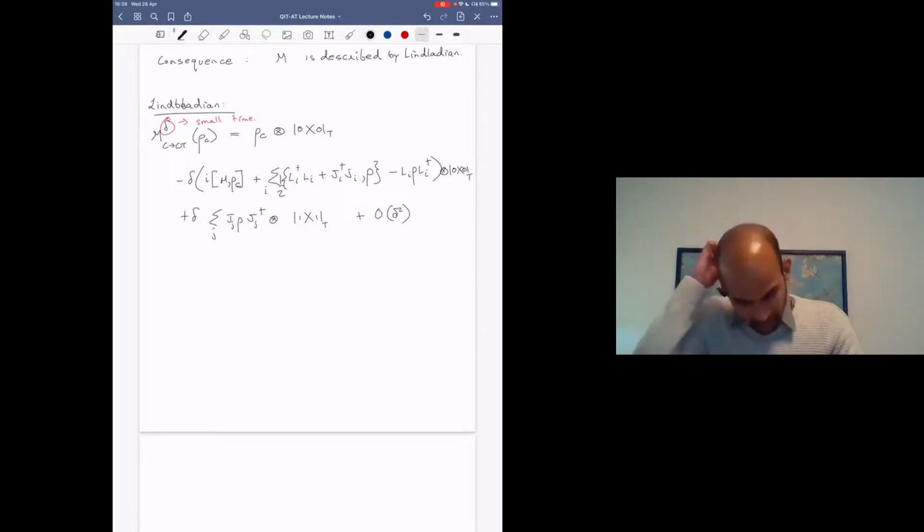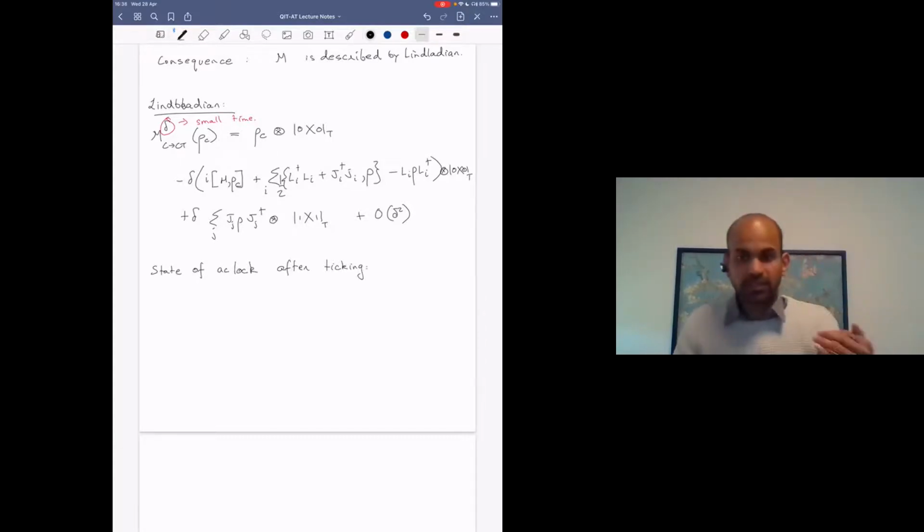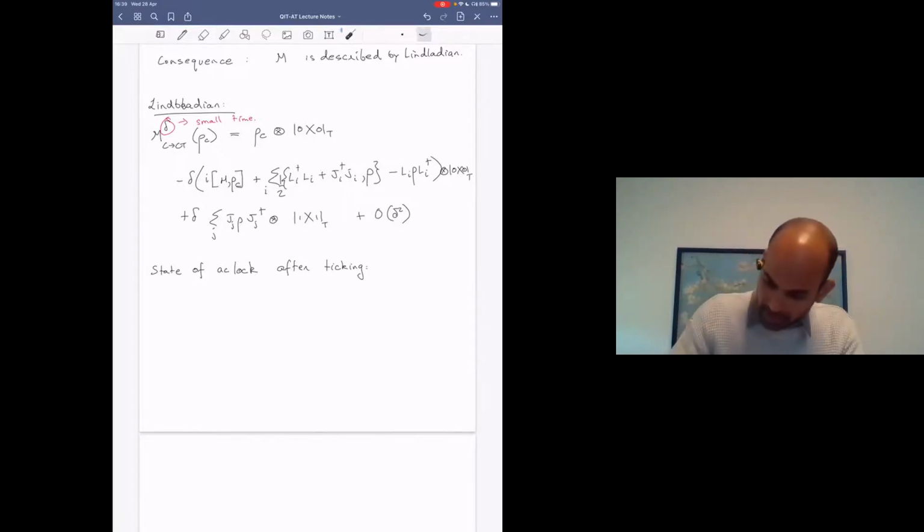Okay, so one of the things to understand is we can ask what is the state of a clock after ticking. Imagine that the clock has just said, yes, a tick has happened. What do you think the state will be after that? Well, it clearly corresponds to this part of the evolution.